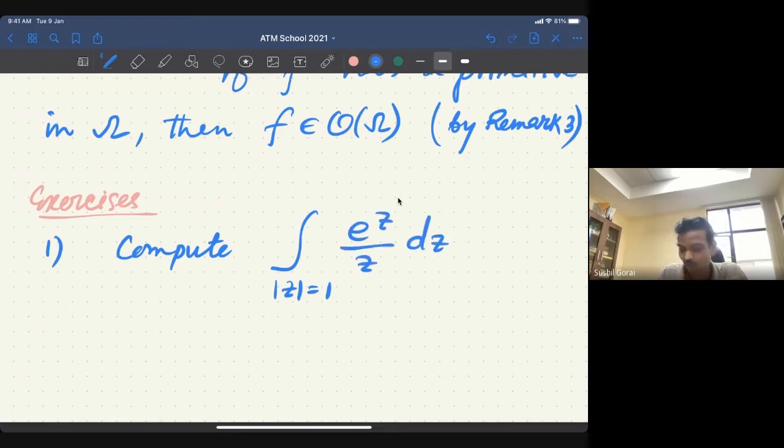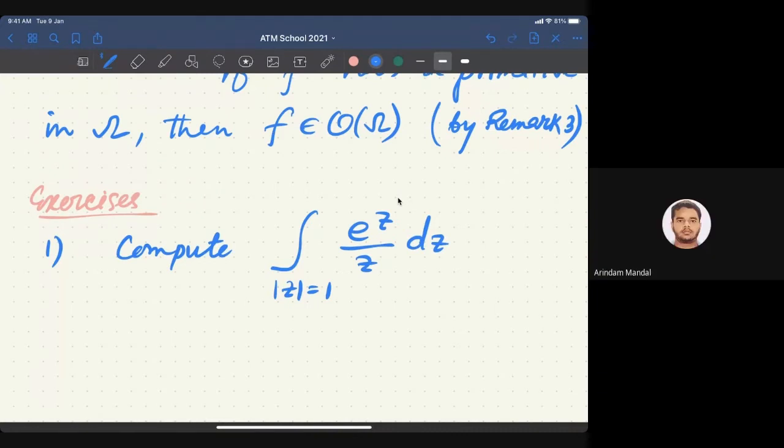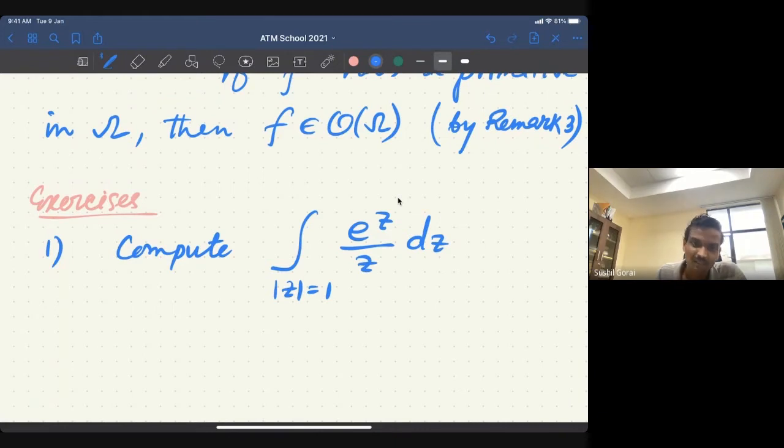Can you tell me what will be the value of this integral? Two pi i. Two pi i, yes, right, by Cauchy's integral formula.